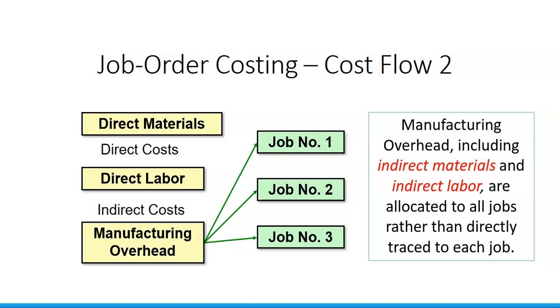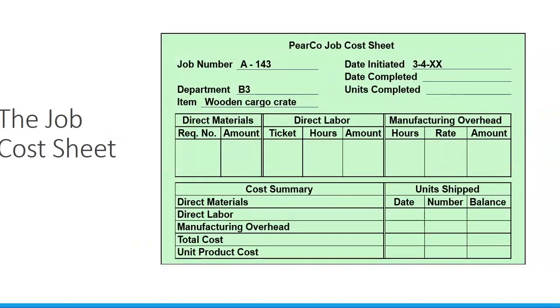One of the reasons that we use this blanket rate versus the actual cost is because we don't always know what our actual costs are going to be, and we need something for budgeting and planning. So we use the term applying or allocating overhead to jobs. When we allocate overhead to jobs, we use this rate.